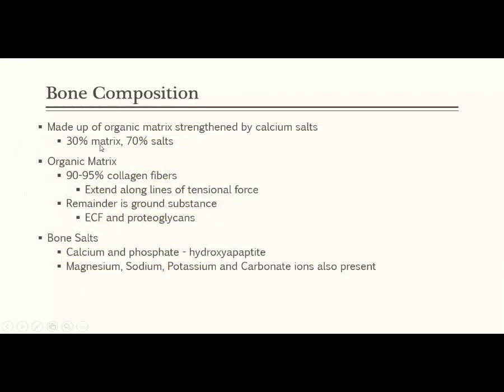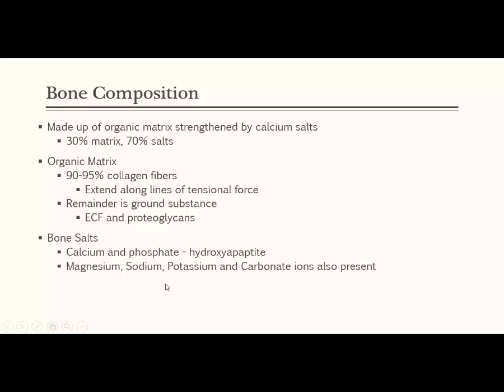So that matrix, which makes up about 30% of the bone, is largely formed of collagen fibers that extend along the lines of force of the bone. In addition to the collagen fibers, we have something called ground substance, which is largely proteoglycans, gelled proteoglycans in water and extracellular fluid.